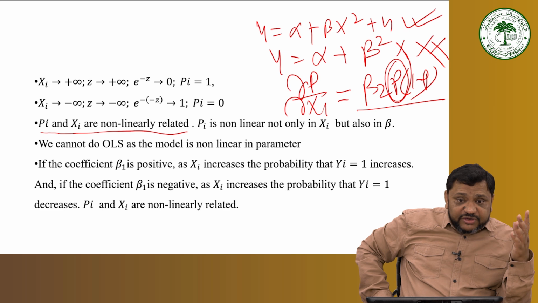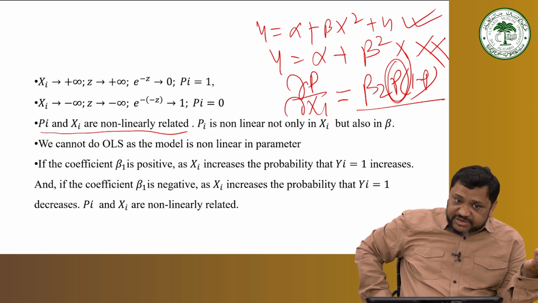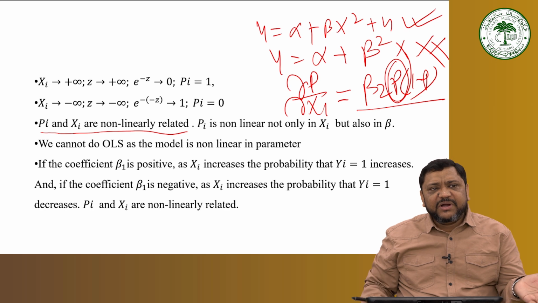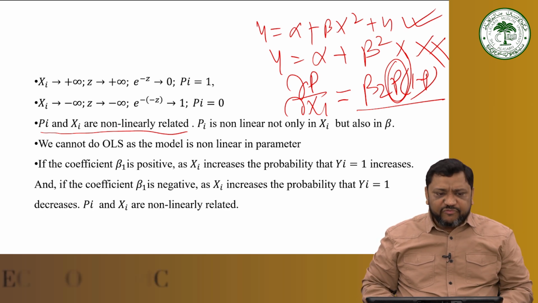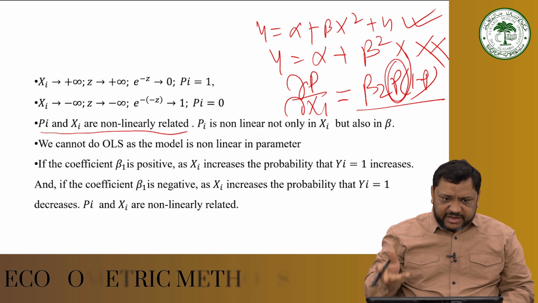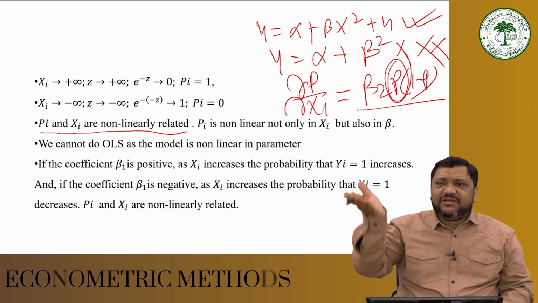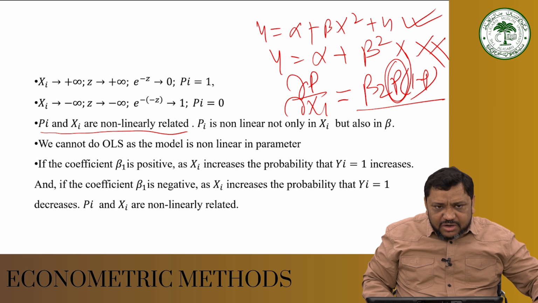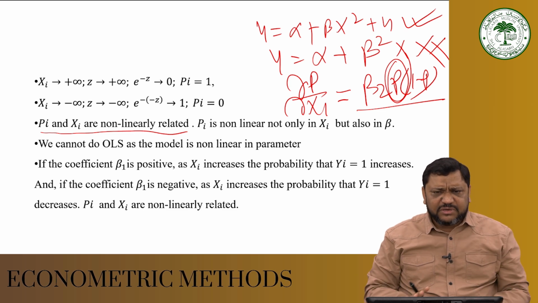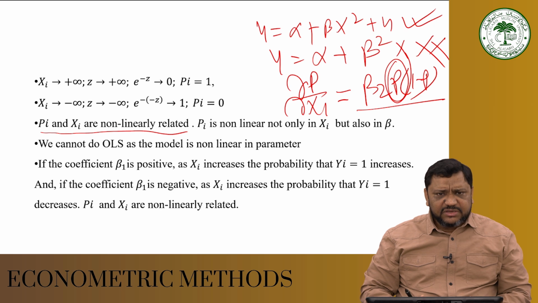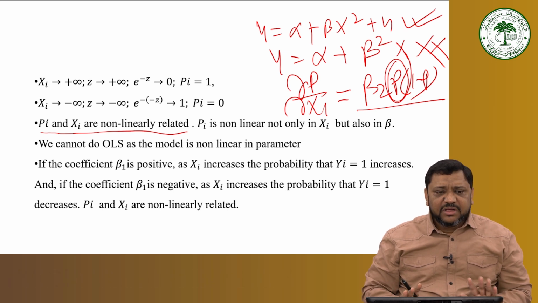Now, if the coefficient beta 2 is positive, as x increases, the probability that y is equal to 1 will increase. If the coefficient beta 2 is negative, as x increases, the probability that y is equal to 1 decreases. That is the same logic we have. But Pi and xi are not linearly related.